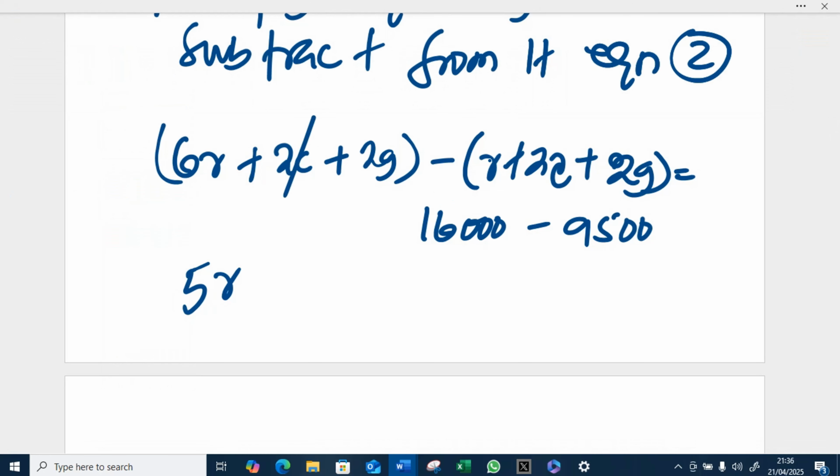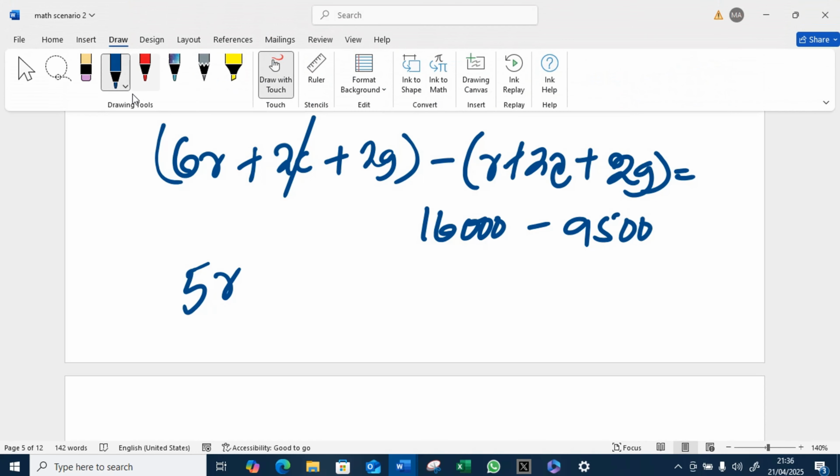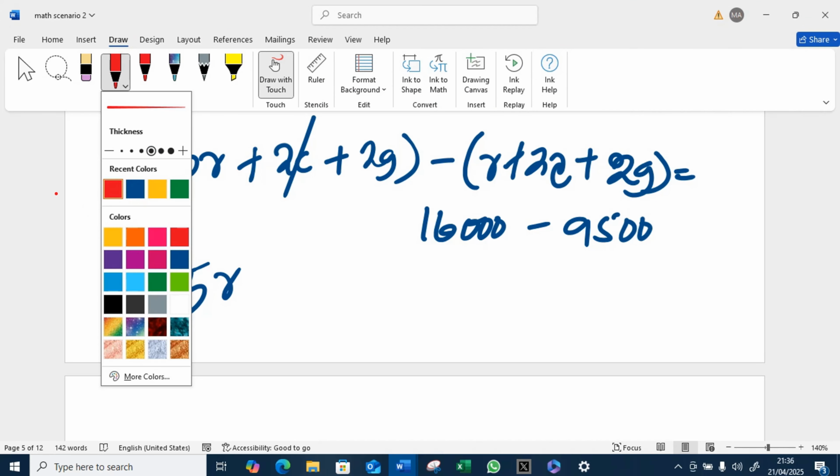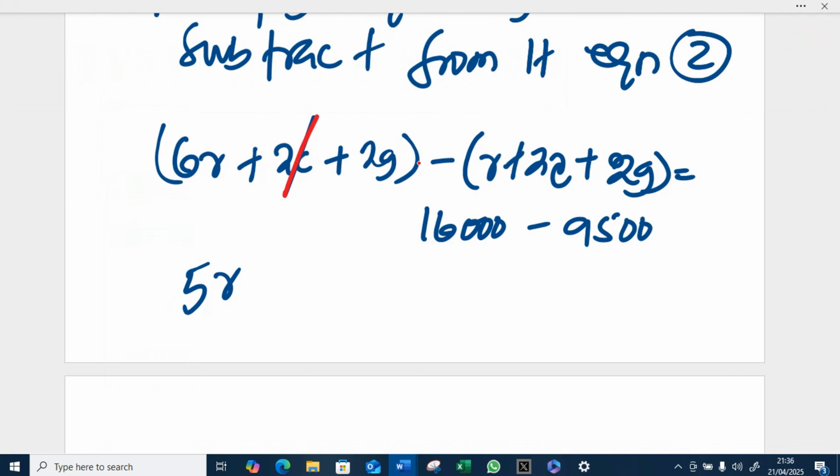So you can see this and that, this and that are going, and we'll have 5r equivalent to 16,000 minus 9,500, and this is giving us 6,500.